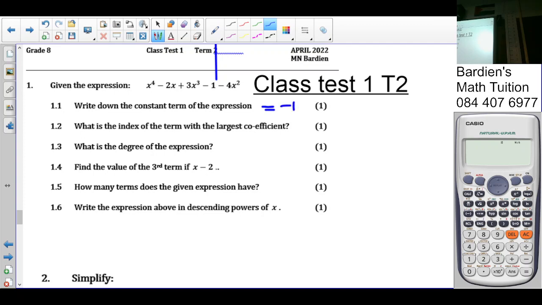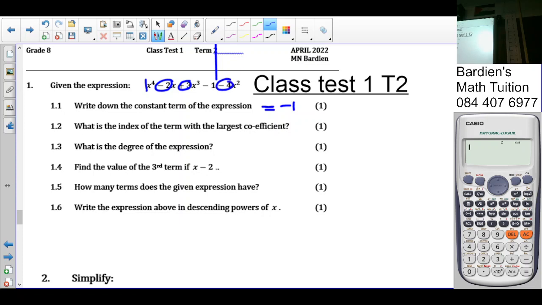Okay. Let me ask, what is the index? The index is the exponent. What is the index of the term with the largest coefficient? So, what is the coefficient of this first term? 1. What's the coefficient of this? Negative 2. 3. Negative 4.